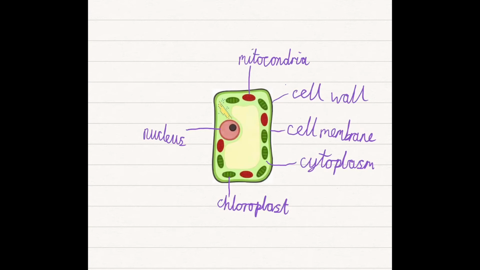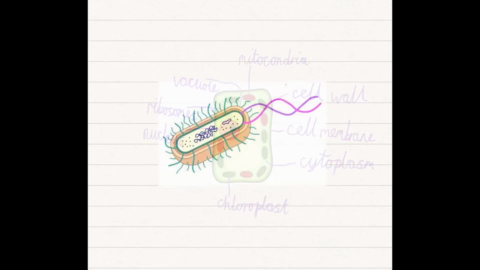Then there's the vacuole, which is the yellow centered shape. And finally, there are the ribosomes, which are the really tiny dots. Did you manage to label those correctly? Well done if you did.